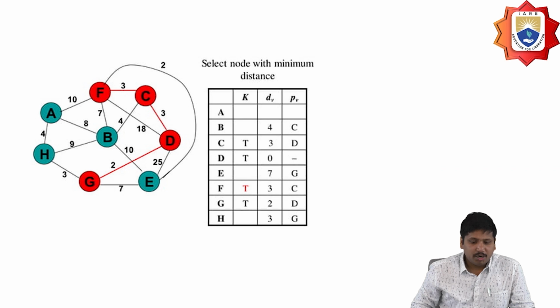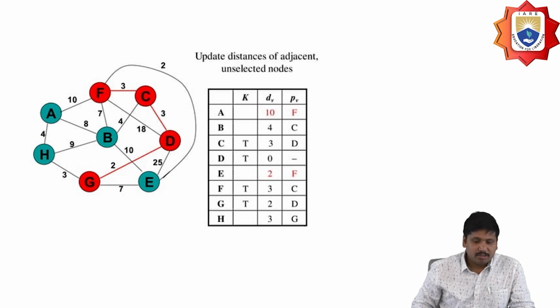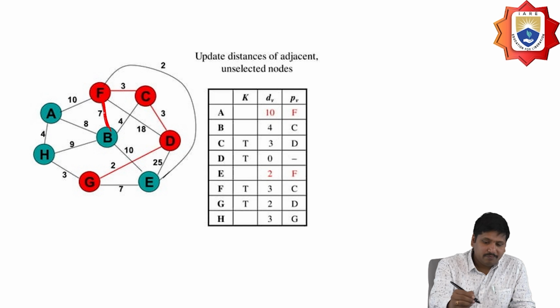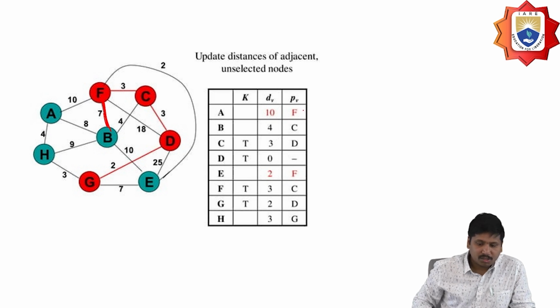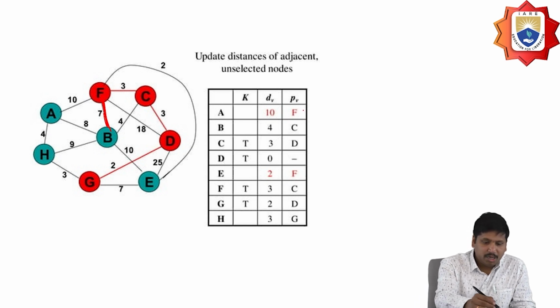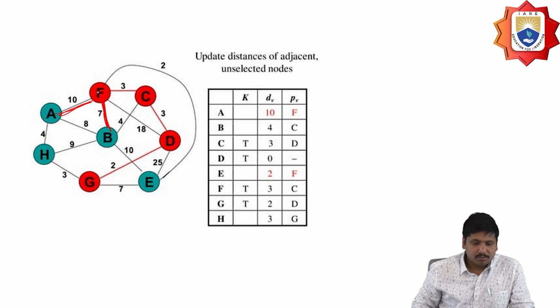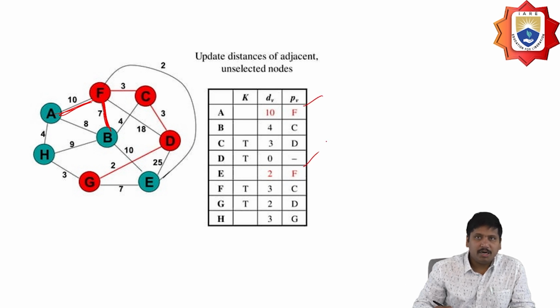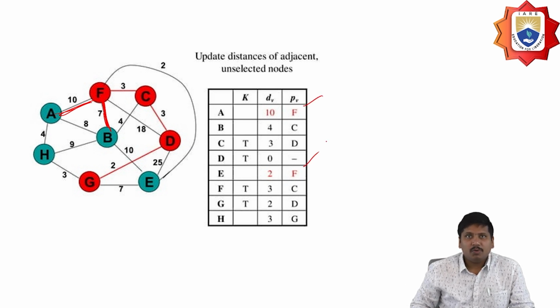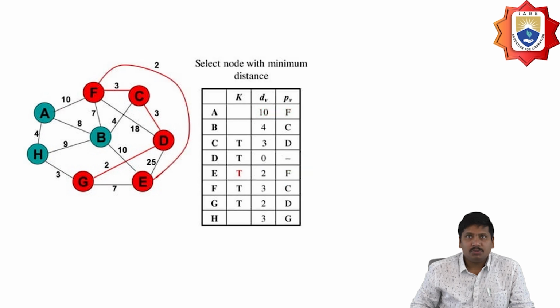From F I'm going to identify what should be the next minimum weight. From F to B, from F to A, and F to B is 4, and F to E. So these two will be added here, and from this, I'm going to add those two also.